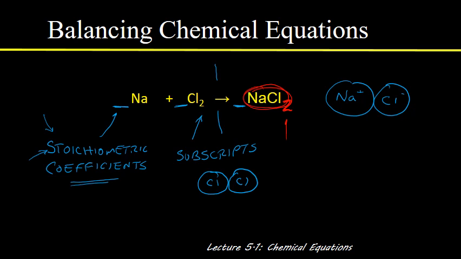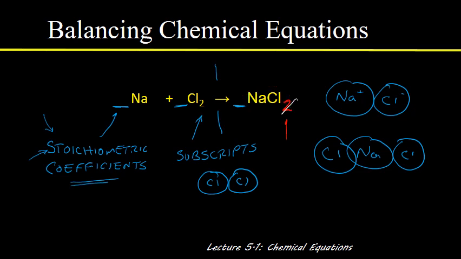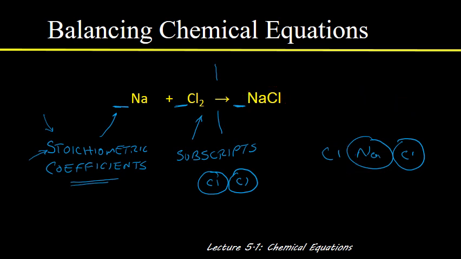If you put a 2 there, then you're changing it to this substance, right? You've made a new chemical species, right? And we can't do that, right? We absolutely can't do that because we need to keep the species as they are. Right? We don't want to change the identity of the things that are reacting.